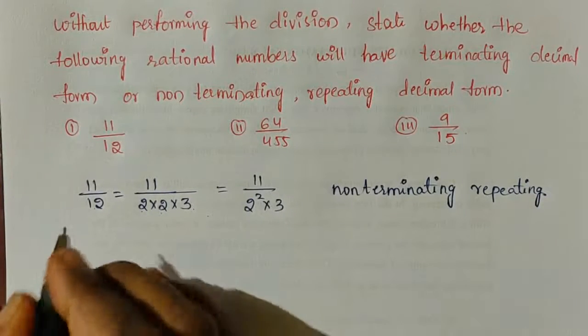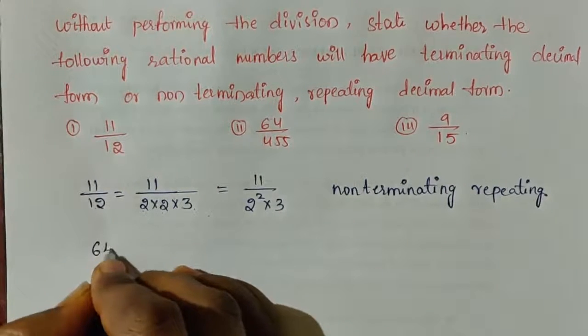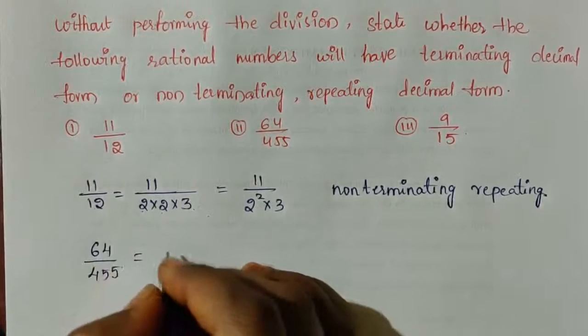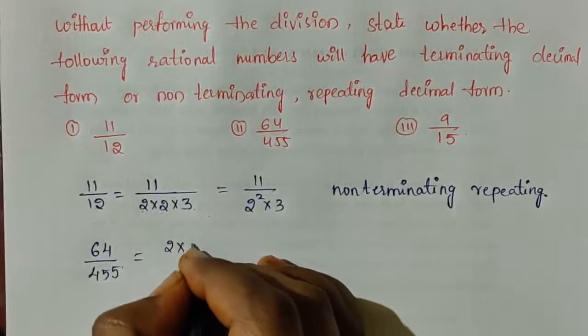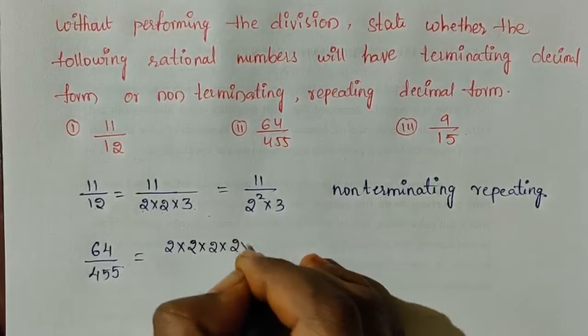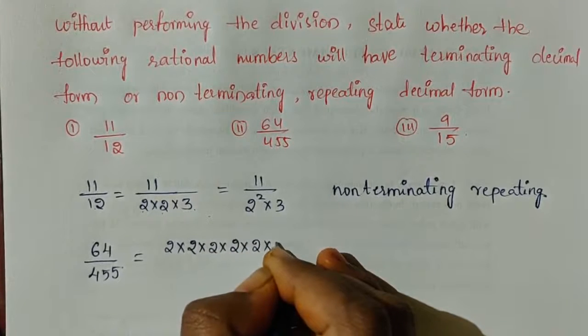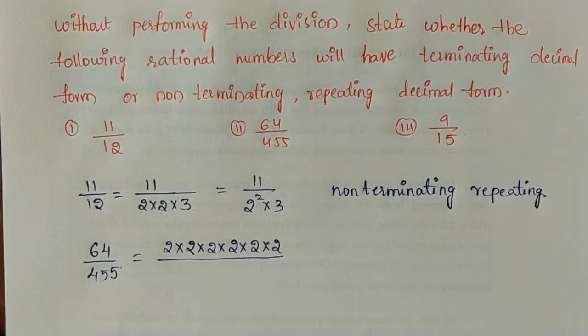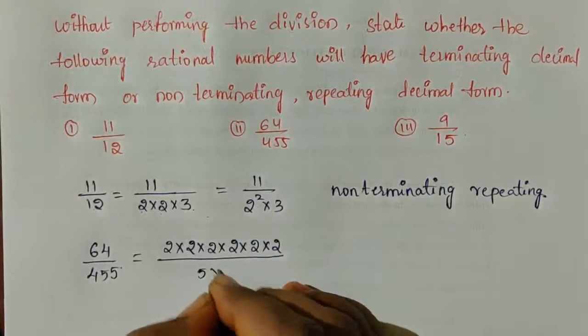And when you take the second one, that is 64 upon 455. So 64 can be written as 2 into 2 into 2 into 2 into 2 into 2. That is 2 power 6 upon 455, which can be written as 5 into 91.